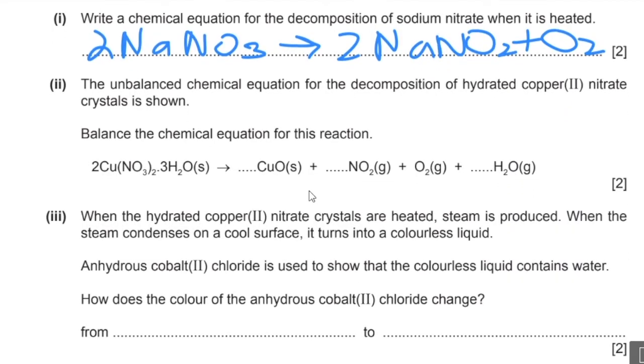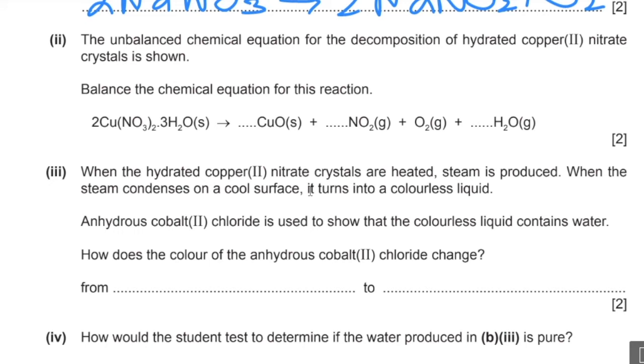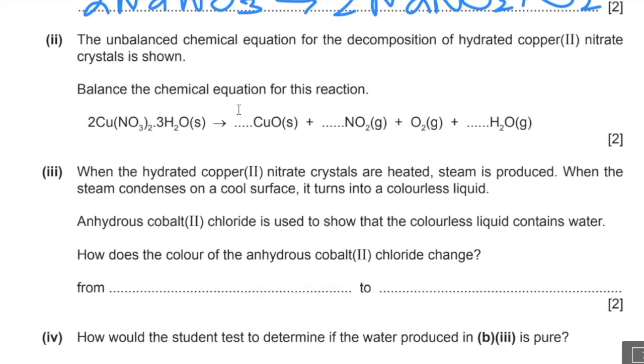2. The unbalanced chemical equation for the decomposition of hydrated copper nitrate crystals is shown. Balance the chemical equation for this reaction. So you have 2 copper atoms on the reactant side. That means you need to have 2 copper atoms on the product side as well. And then you have 2 threes are 6 and 6 twos are 12, which means you have 12 hydrogen atoms, so you need to balance out the number.